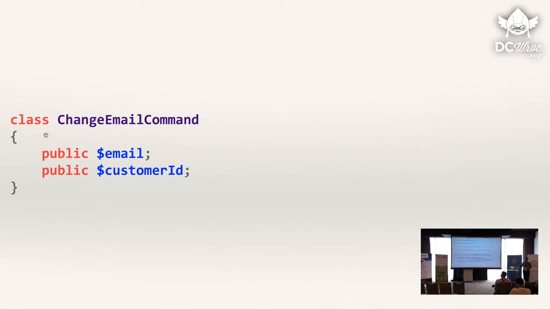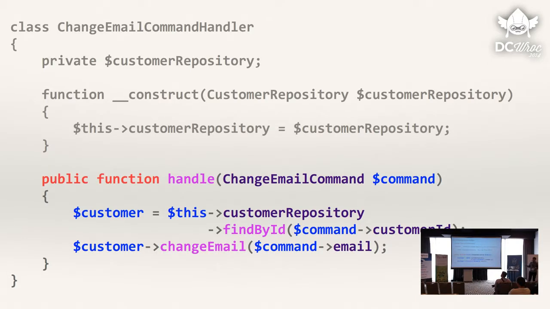And then when we are handling this, we are finding the customer by ID, and on the customer we are calling a method changeEmail with some value object, let's say. So we are not setting a new email, because what does that mean? We are changing the email, and actually it means that some request is changed. This is an interaction that we are making with our software.